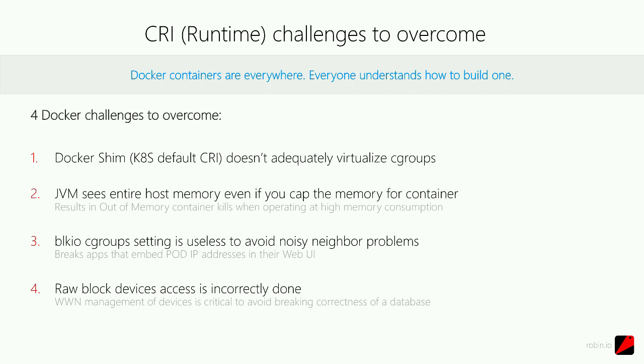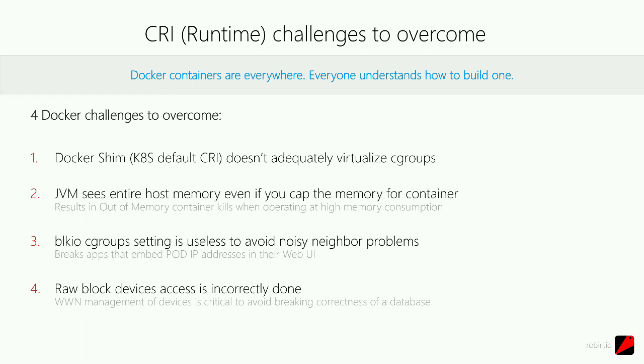The first one is around the fact that Docker shim, which is the default CRI for Kubernetes, does not adequately virtualize all of the cgroup settings. If you look at it, there are multiple ways in which a container could query for how much memory it has access to, how many CPUs it has access to, what disks it has access to. Docker handles many of the sysfs and procfs cases, but not everything.